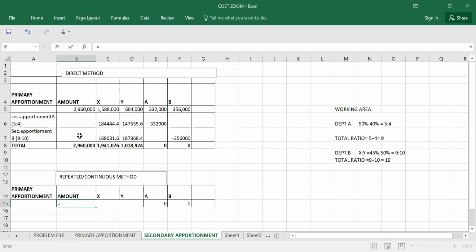Just say equals this. Remember that this one is the same, because the primary apportionment is the same, getting it from the distribution sheet, only that here it's just near for me. I don't want to go back to the other side.